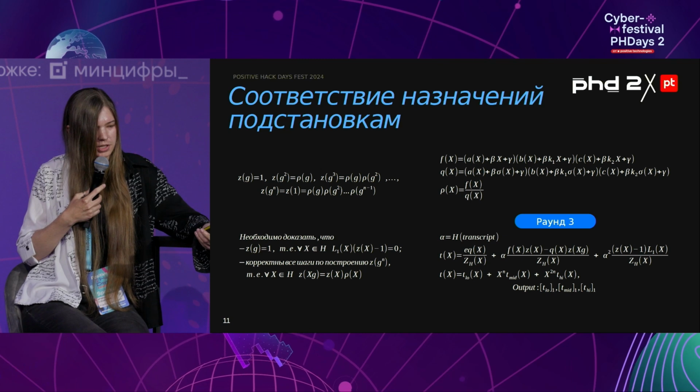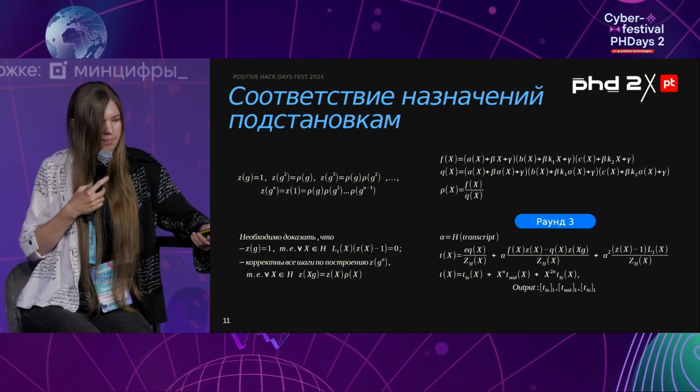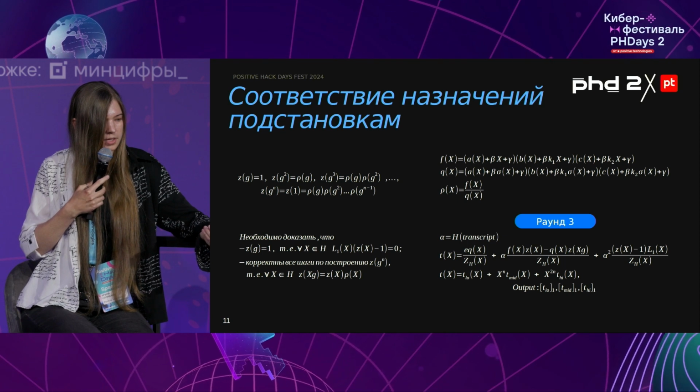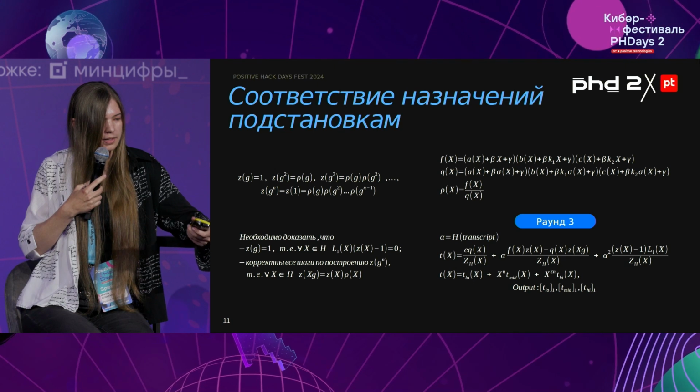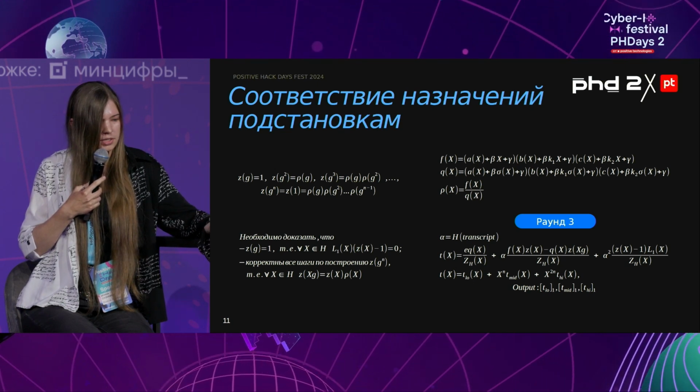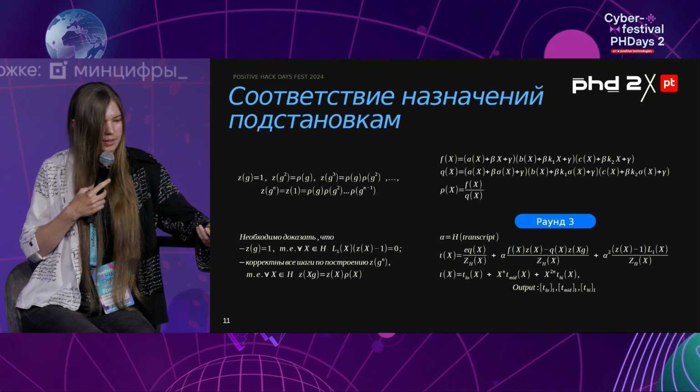So therefore, in the third round, we come back to this polynomial, and the second component here is responsible for the second part of this proof, and the third component is responsible for the first one.